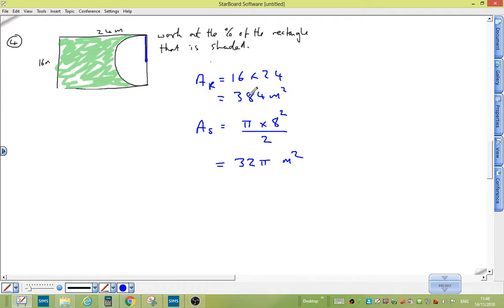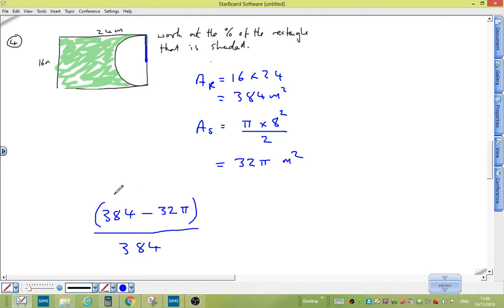And all I've got to do is find the whole thing, take away that. So I'm going to do 384 take away 32 pi. That will tell me the area of the shaded bit. Do you agree? I need to divide it by what to set my fraction up to get my percentage? Of the whole rectangle, I need to divide it by 384.